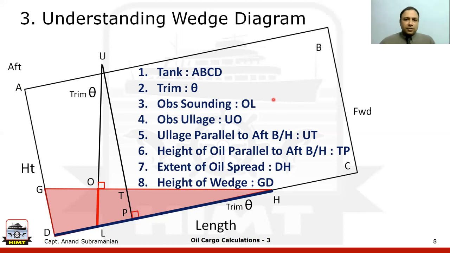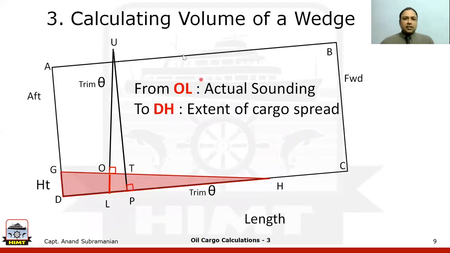Now let us see the procedure for calculating the volume of a wedge. Like I said earlier, what is given to us is OL, that is the actual sounding of the oil. From the OL, we have to figure out DH, the extent of the cargo spread. DH is our first stop to figure out whether it is a wedge or not.